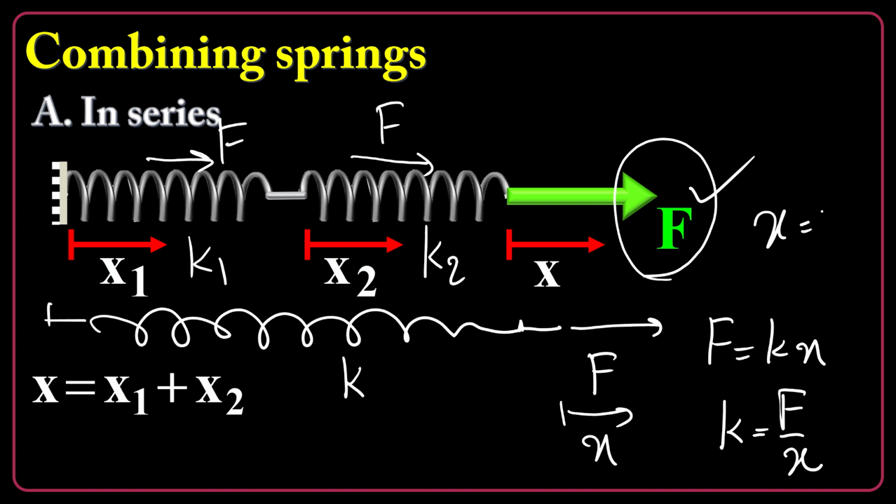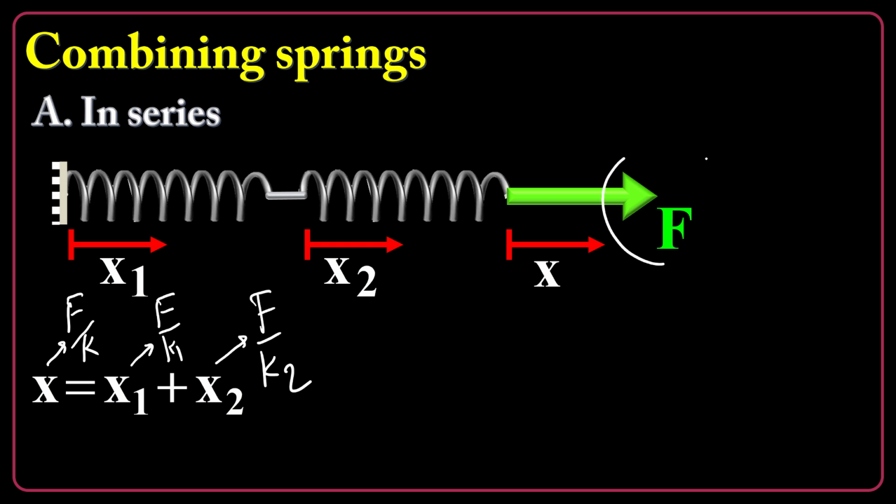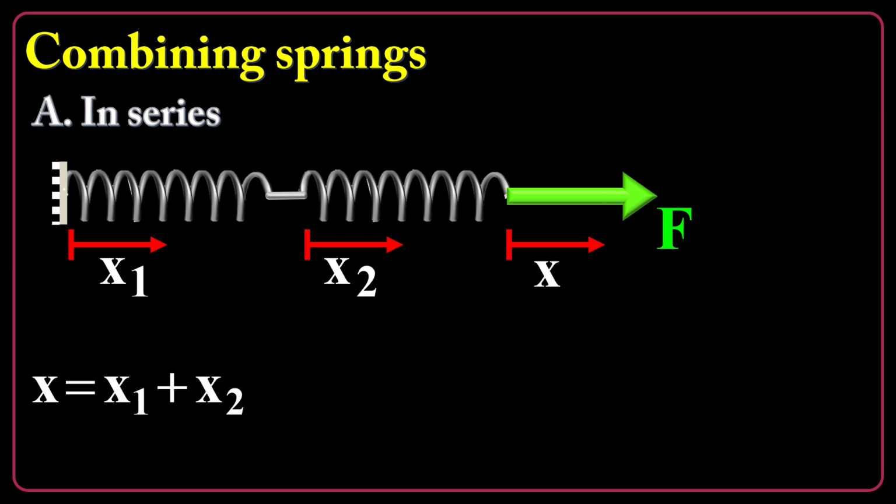Or X is going to be F divided by K. So here I can use F divided by K, and for X1, F divided by K1, and for X2, F divided by K2. Why is the F the same? As I told you, there is nothing to steal the force. The force is immediately transferred to both springs.